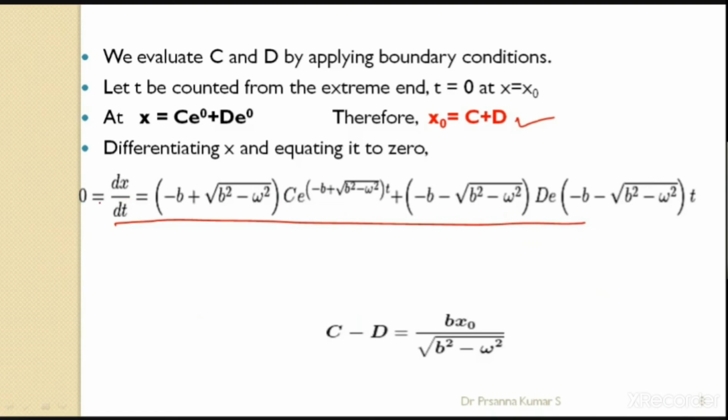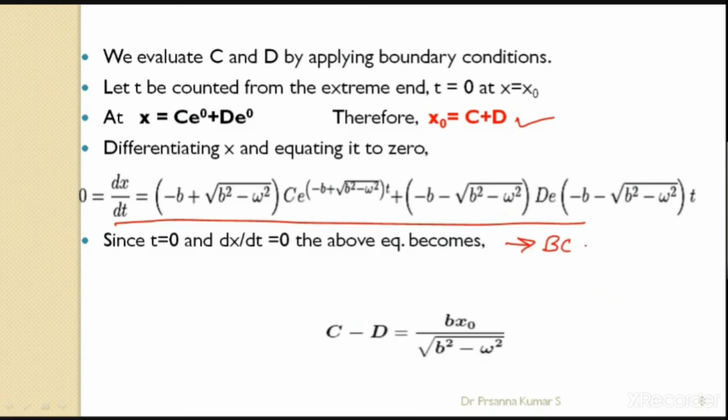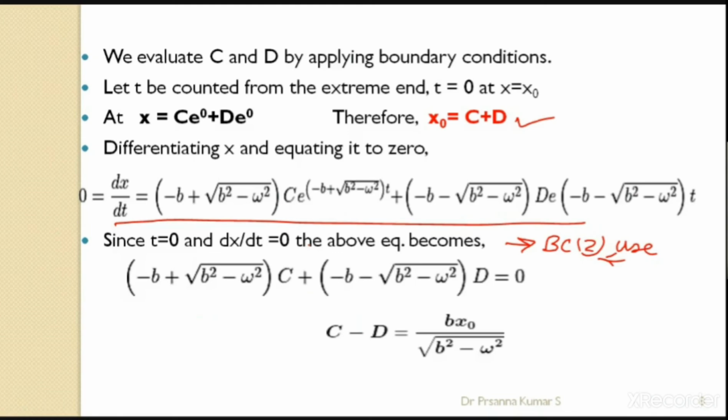If you differentiate that, that is dx by dt, you will get this expression. And again, by making use of boundary condition 2 here, you will get C minus D, this.